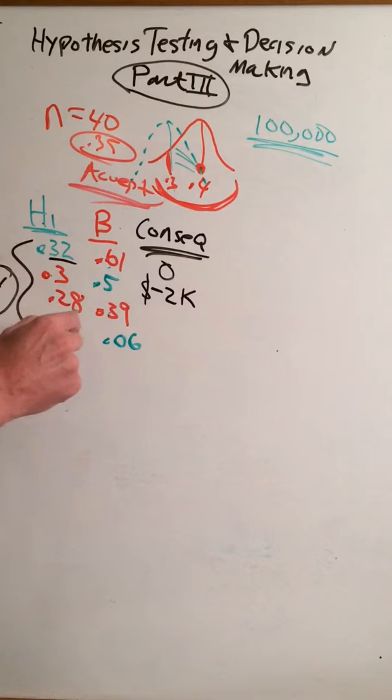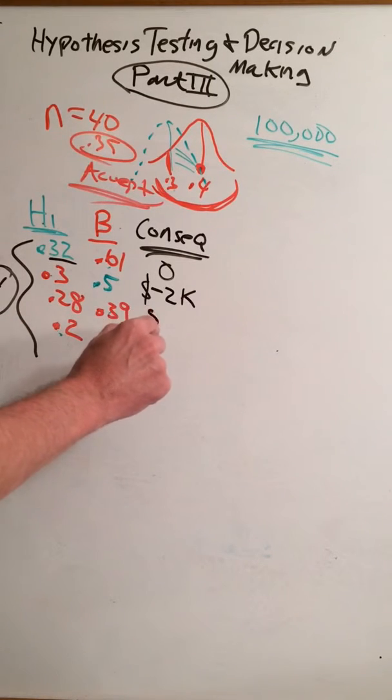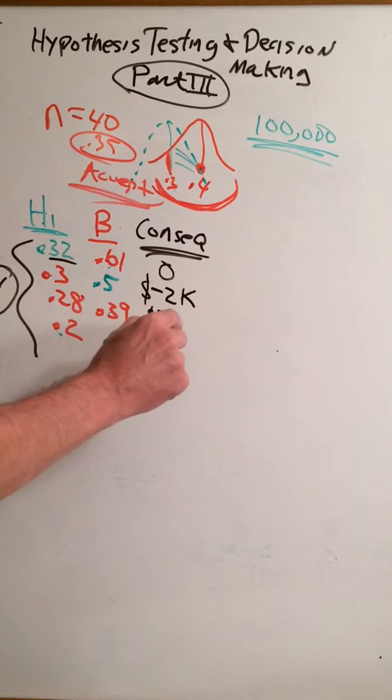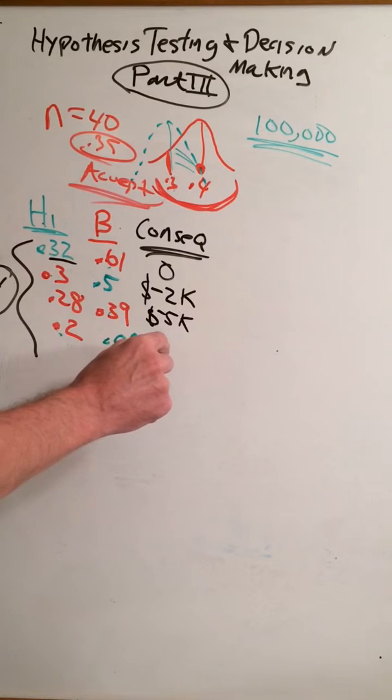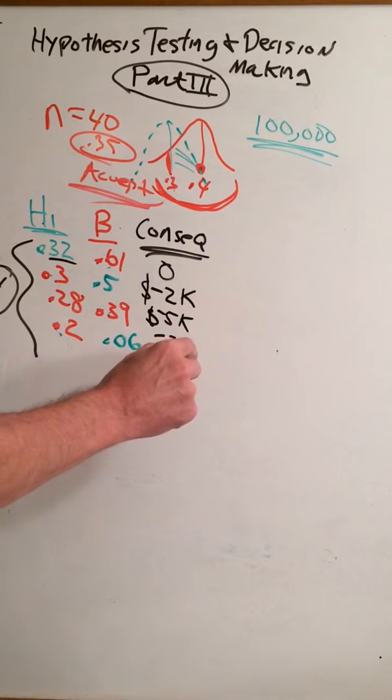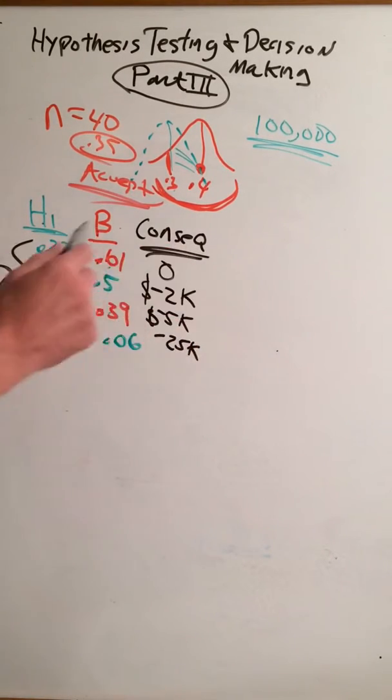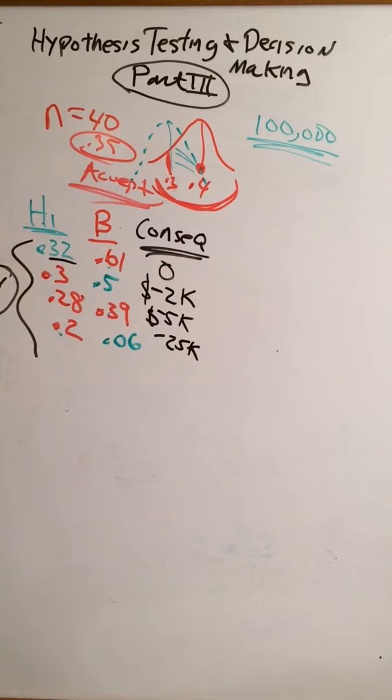At 0.28, they said we're going to lose $5,000, 5K. And if the population is only 20% taking pretzels, then we're going to lose $25,000 annually. Again, this is a simple illustration.